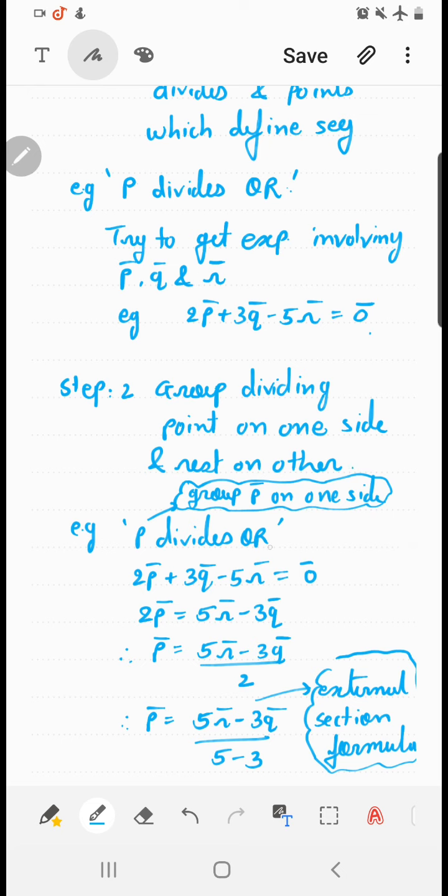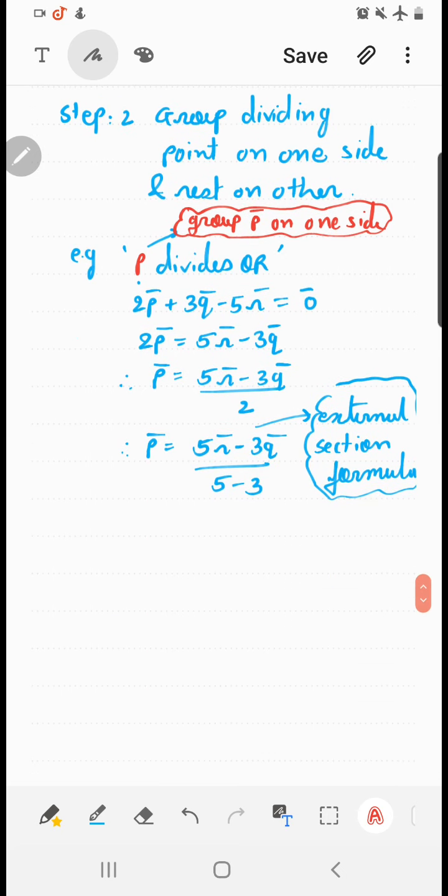In this statement, the dividing point is P, so I should group P on one side. Now if I group P on one side and adjust it, at the end I may see a section formula. In this case, I am getting the external section formula. So this is where golden rule number 1 ends. What result we can get from this, we'll see in the sum. But the minimum requirement is this much.